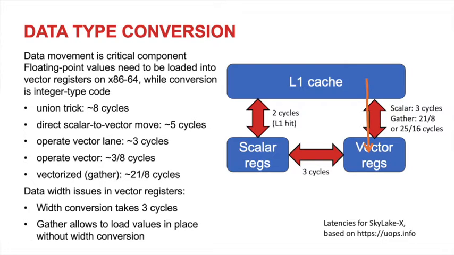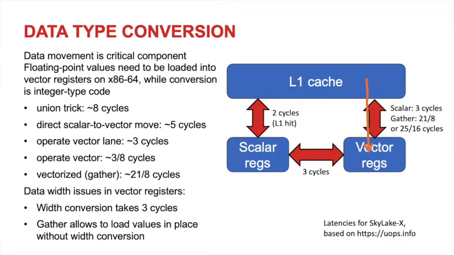There's another issue we need to keep in mind, that of data width. Whenever in a vector register we want to convert, for instance, a vector of 16-bit fields into a vector of 32-bit fields, the latency for this will typically be 3 cycles. The reason is related to how the vector registers are implemented.